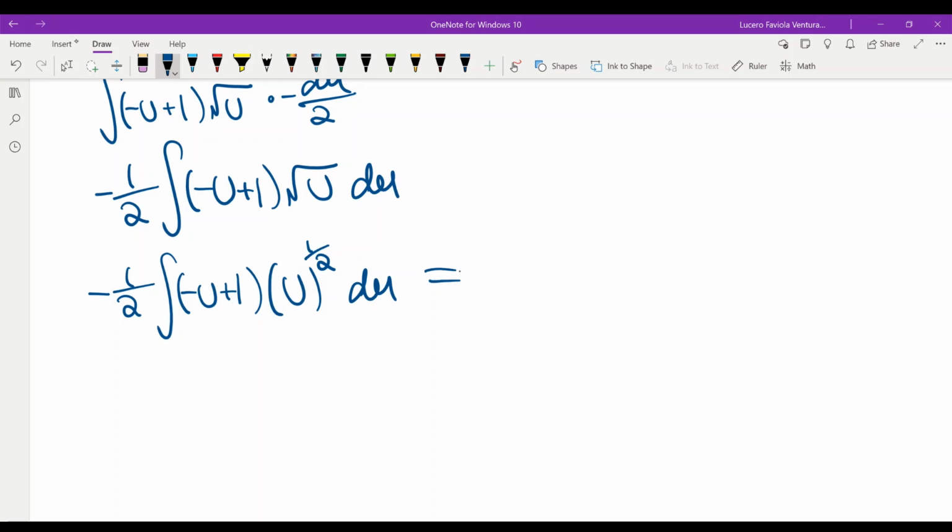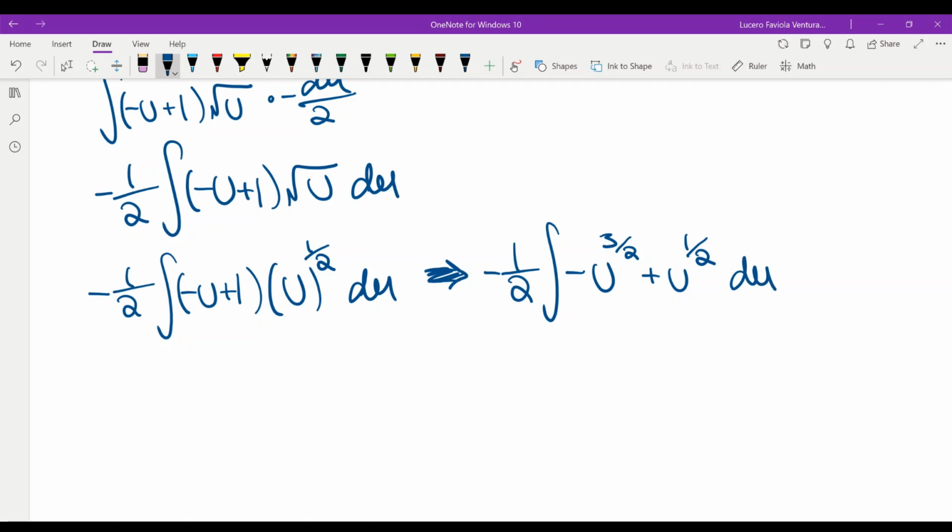And now this is an easier function to work with, so I'll rewrite it over here to the side. And if you look, you can see that our u to the 1/2 can be distributed. So I'll rewrite it as negative 1/2 integral of negative u to the 3 over 2 power plus u to the 1/2 power du.